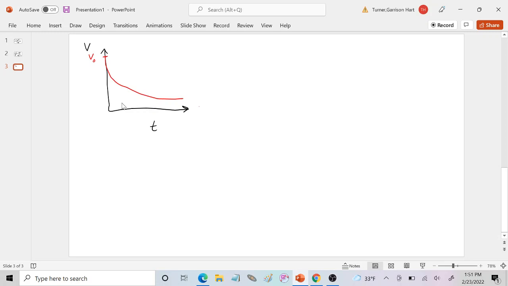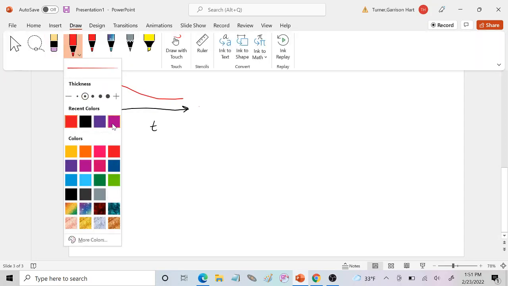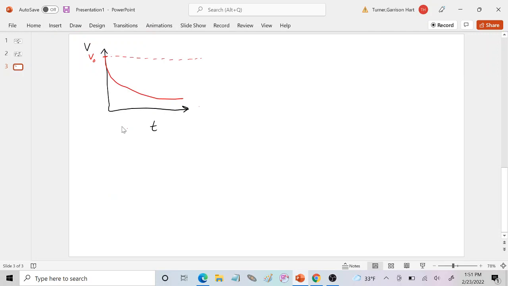Now that's not a terribly great exponential curve, but you get the picture. And V naught is a constant value, and while that is decreasing like that, if I use purple for the voltage across the capacitor, it starts at zero and grows something like this. And it will asymptotically approach that V naught value.